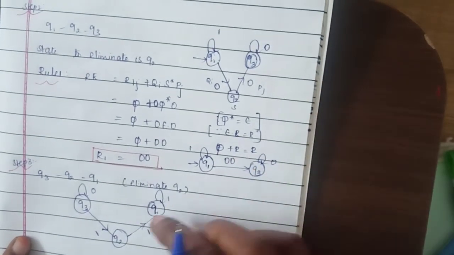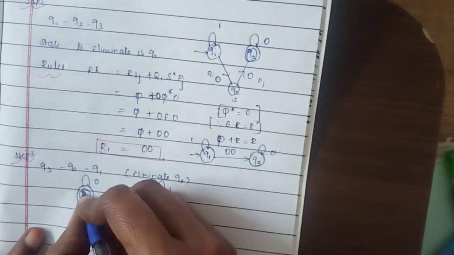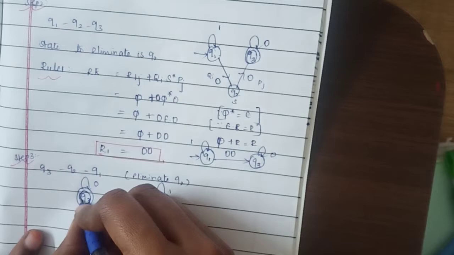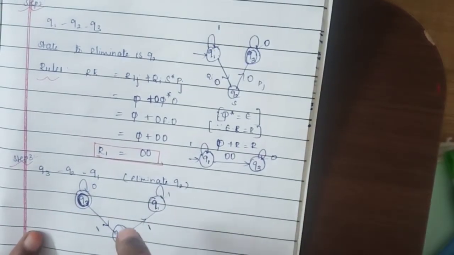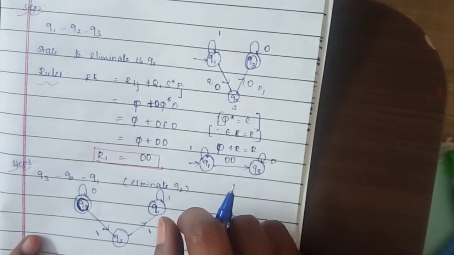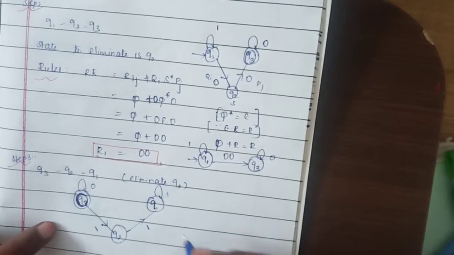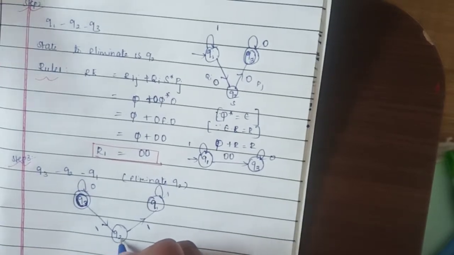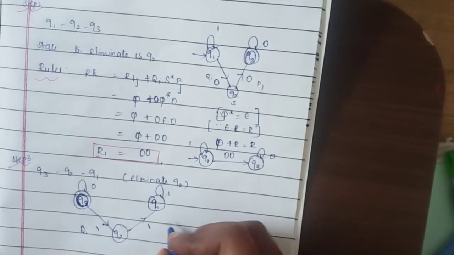Okay, and here q3 is the final state, right? And here q3 to q1 there is no more rij, so just leave it, and there is no s's there, so this is qi and this is pj.